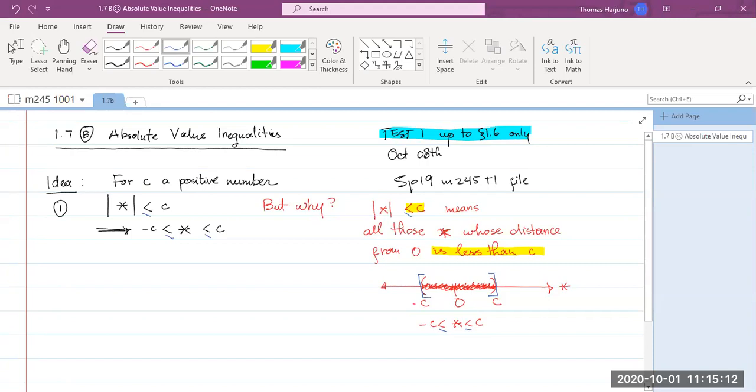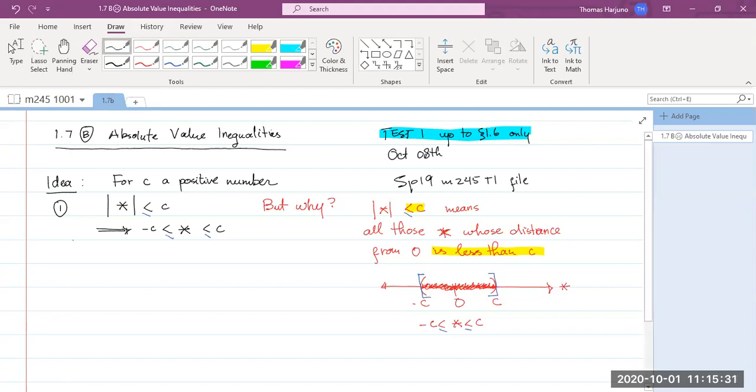If the distance is less than c, it means at most c to the right and at most c to the left. Now try to imagine this picture here, the diagram, the number line, such that you have an idea how you come up with this.